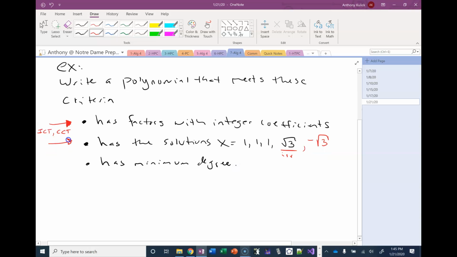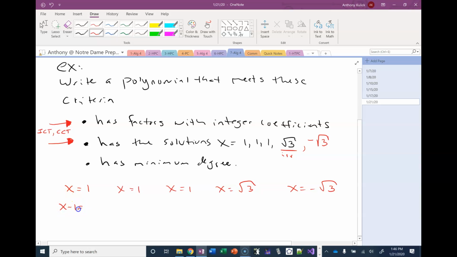Now I'm going to move on to this piece of criteria. What I'm going to do is write down these 5 solutions. Now I'm going to make them all equal to 0.